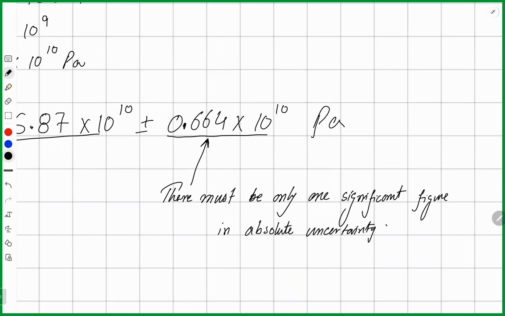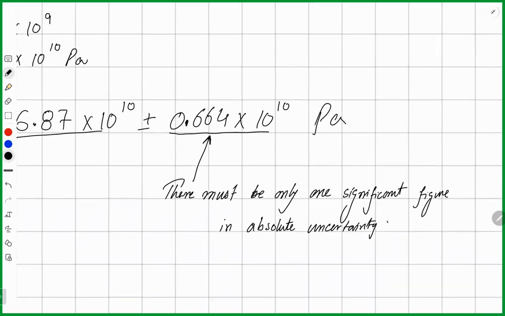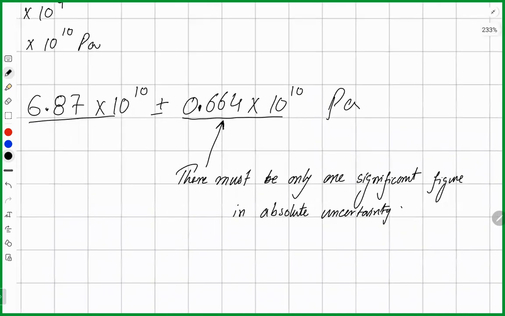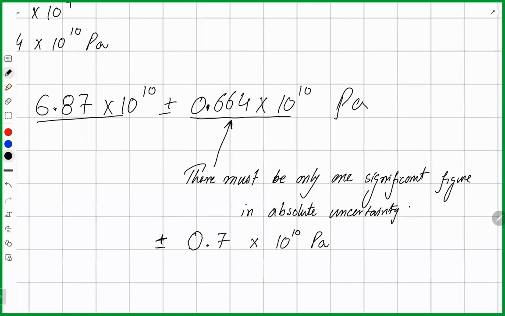So there has to be only one significant figure. That means the uncertainty is 0.7 into 10 to the power 10 Pascal. So this will control how many significant figures should there be in the quantity.